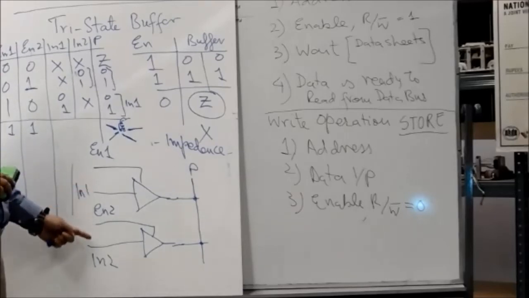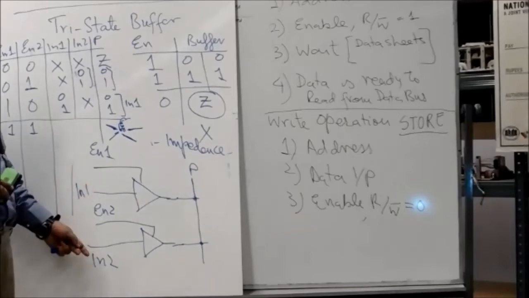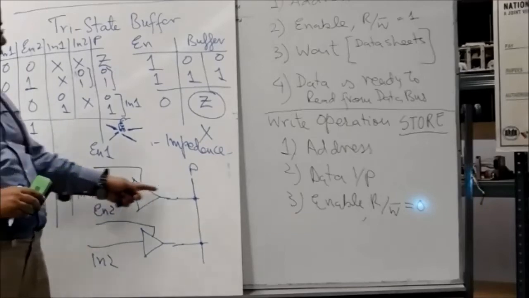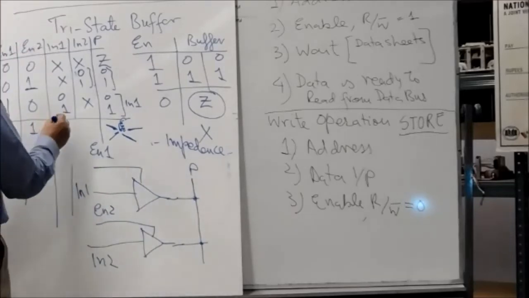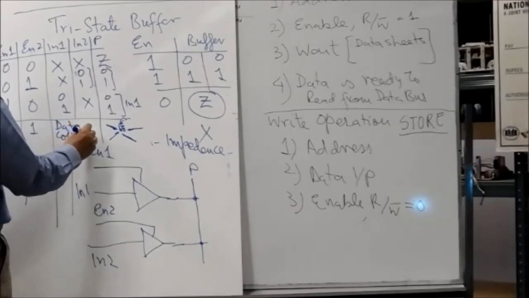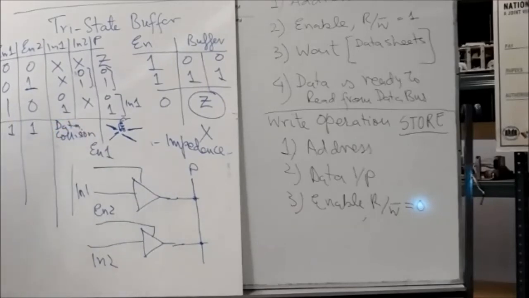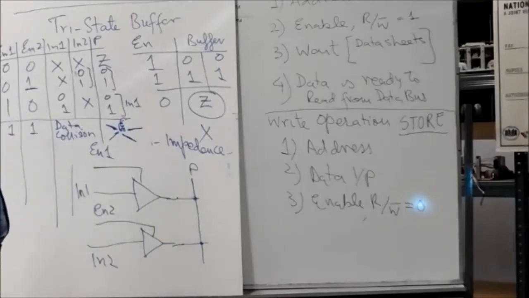And now here also high speed data is coming, here also high speed data is coming, so we say that data has collided. So this is when you say that data collision can occur. This data will collide with this data, and the resultant data will not be readable.